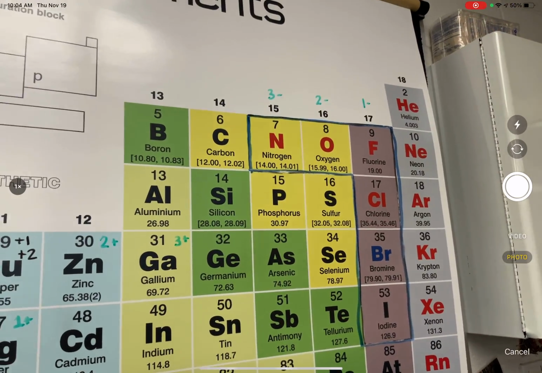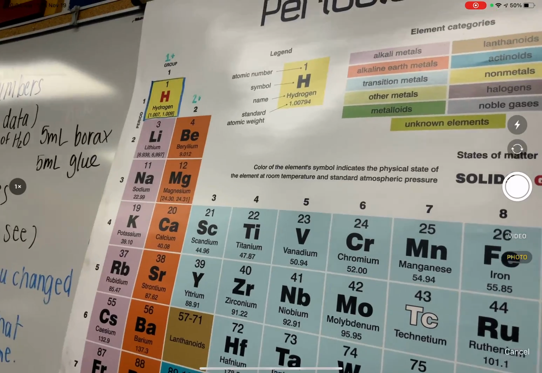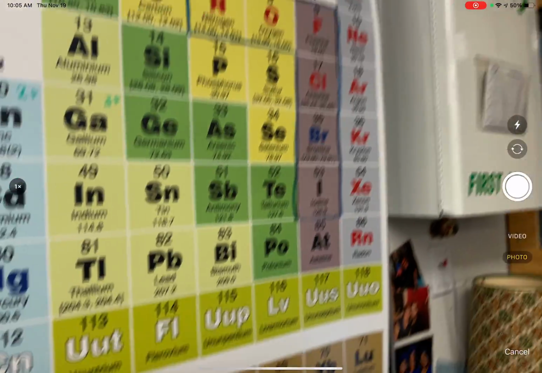And we can see nitrogen is in the second row. It starts on hydrogen, then the second row: lithium, beryllium, boron, carbon, and nitrogen. So it's over in the second row, okay?